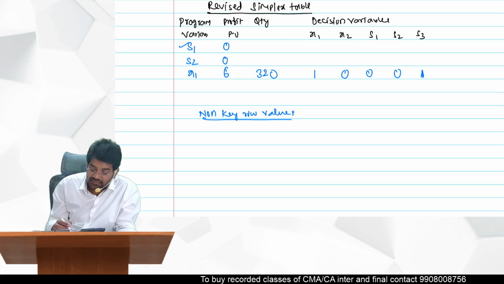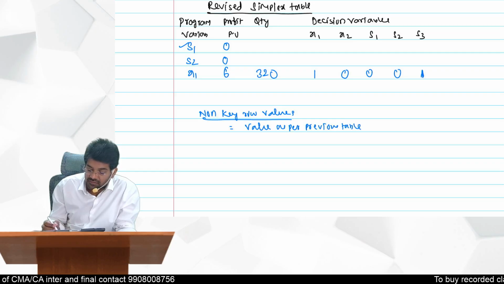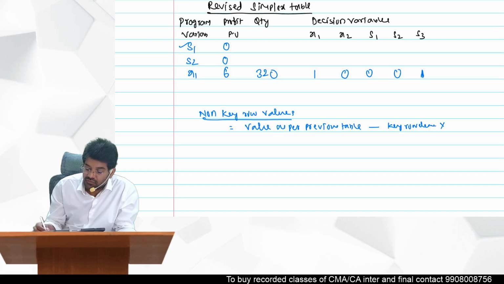So quantity, how do you get the non-key row value? Formula: previous table value, as per previous table, minus corresponding key row element into fixed ratio of that row.